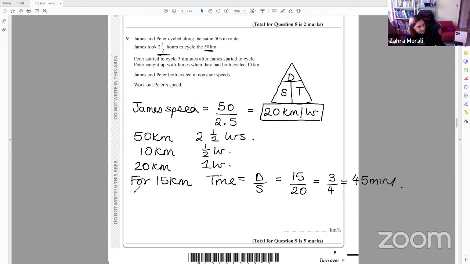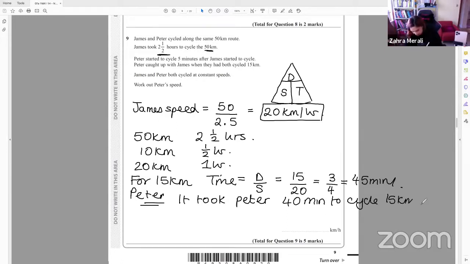Now let's think about Peter. He left 5 minutes after James, so it took Peter 40 minutes to cycle 15 kilometers. We want to know how many kilometers he would cycle in 1 hour.